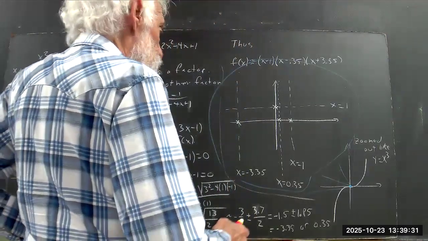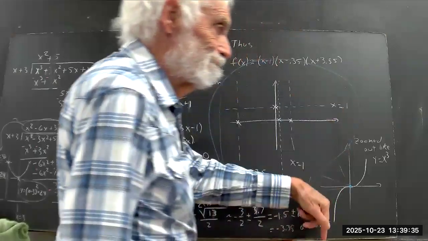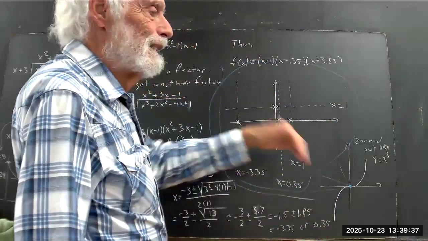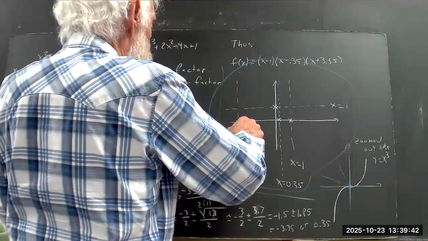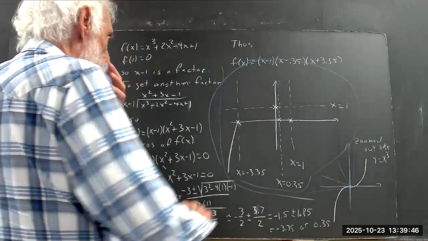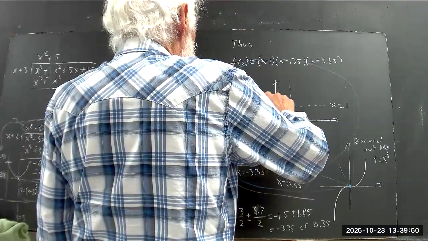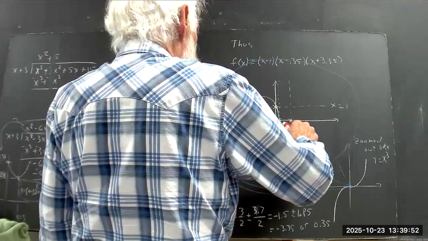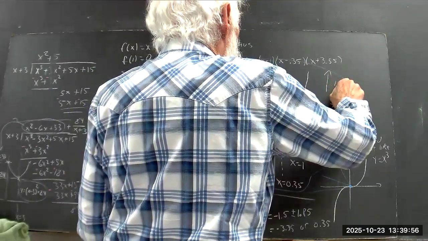And in that area, we know that if we go to the left, it's going to approach negative infinity. It's going to do this. Then it's going to come up here, down through here, and back up through here, because here's our long run.